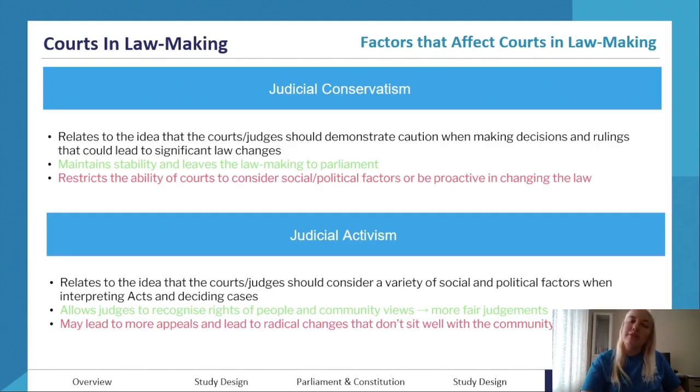So, conservative judges view lawmaking as strictly the role of parliament, and they prefer to avoid creating any new precedents or making any changes to common law. So, they will be really cautious and really conservative. They try to keep the law stable and leave changes to lawmaking to parliament.